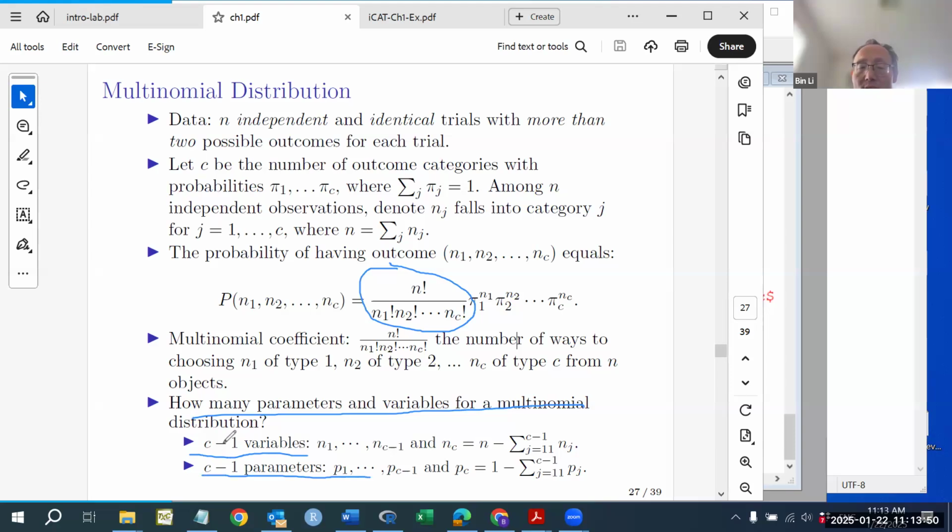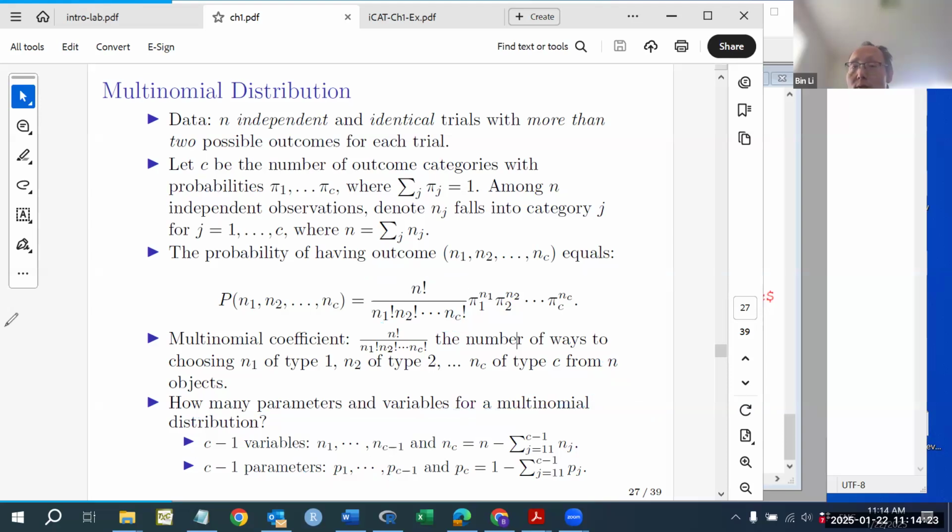Why is it C minus 1? Because we have the constraint from the n objects and also the summation of the pi j's equals 1. So if we know C minus 1 pi's, then we know the one that we left, because 1 minus these C minus 1 will be the pi j for the one left.